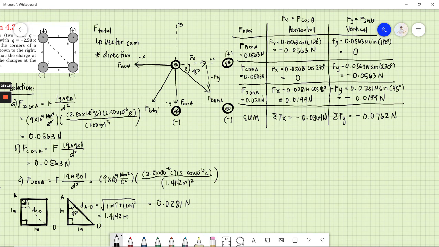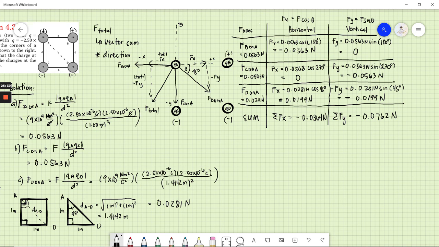It's because it should be going in the negative x direction, and it should be going in the negative y direction. So we have our x direction here, negative Fx for total, and we have our negative Fy for total.